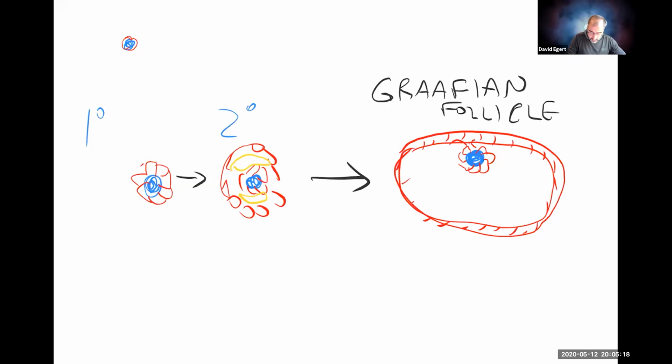And this is all fluid in here. That fluid-filled space is called the antrum. The egg is surrounded by cells. The little cells that are still the granulosa cells that are around the egg itself are called the corona radiata.